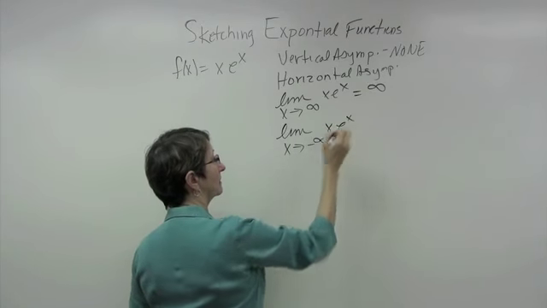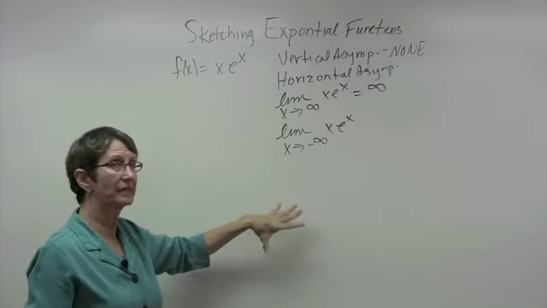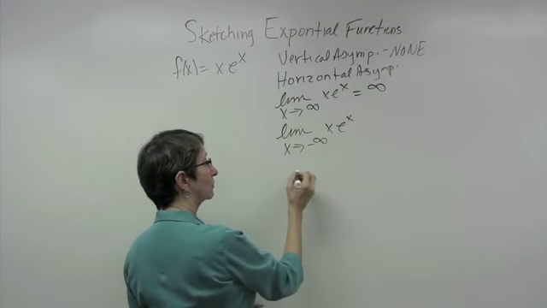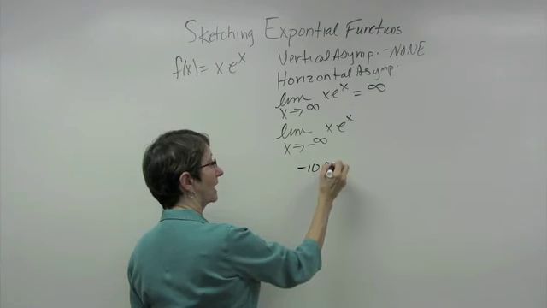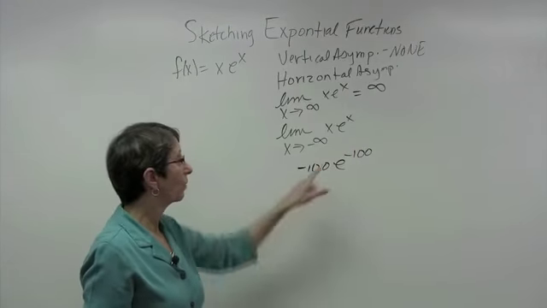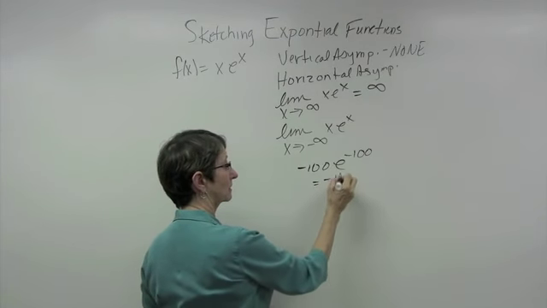Now, I want to do a little figuring with this. When x goes to negative infinity, let's think of a large negative number. For an exponential, I'm just going to think of 100 as being large for now. So if I plug in x equal to negative 100 and e to the negative 100, well, a negative exponent can be written in the denominator.